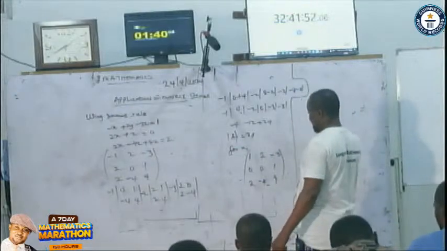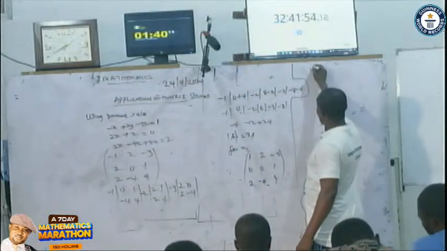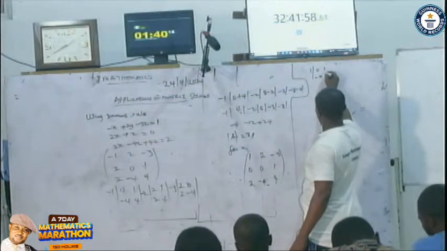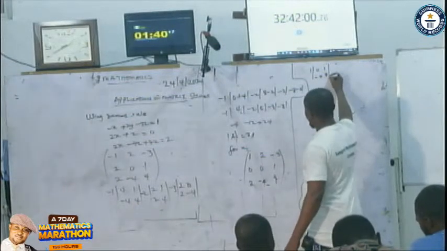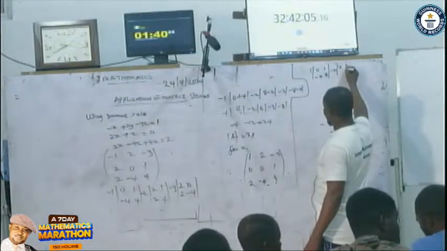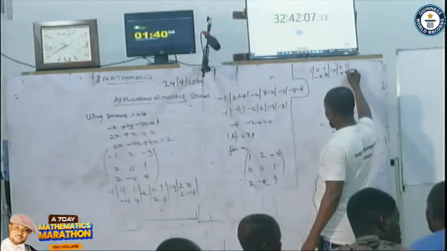So we now find the determinant. That will be 1, 0, 1, minus 4, 4, minus 2, 0, 1, 2, 4.